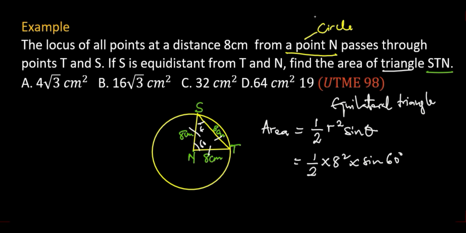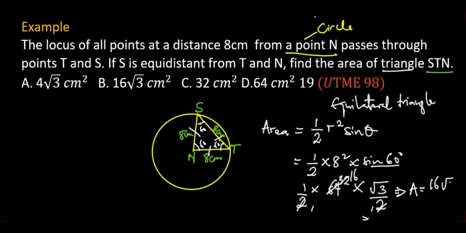That's why we are using 60 degrees as the angle there. Solving this, sine 60 degrees is a special angle, root 3 over 2, times 8 times 8, times 1 over 2. By the time we solve this, we arrive at the answer 16 root 3, option B.